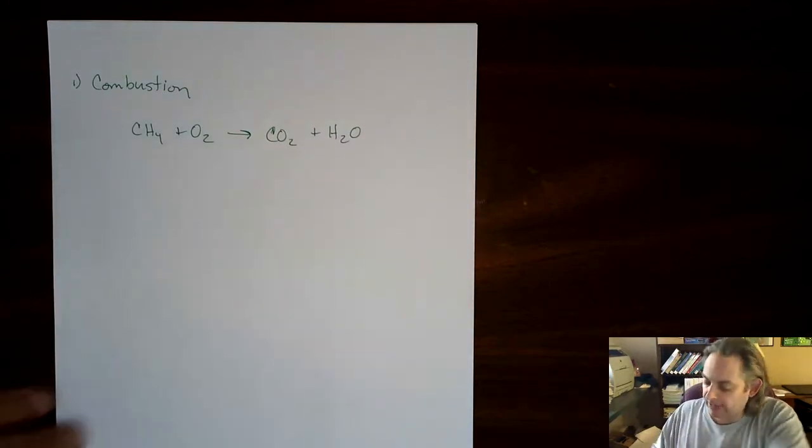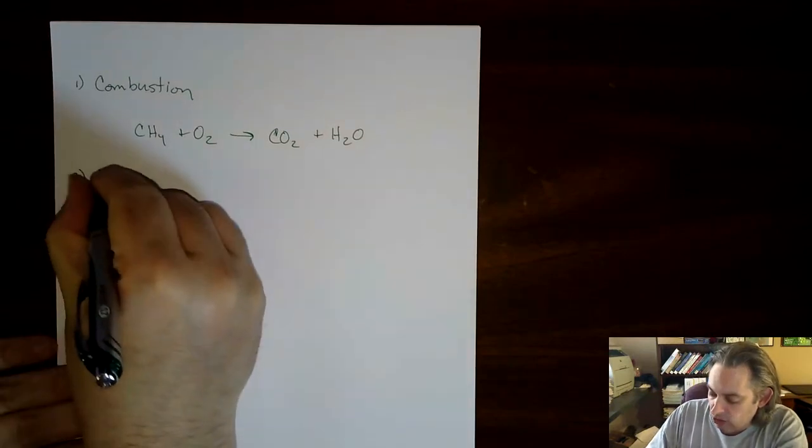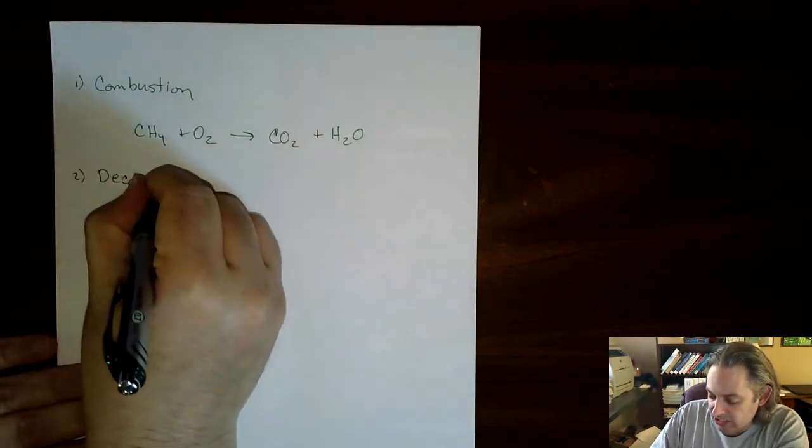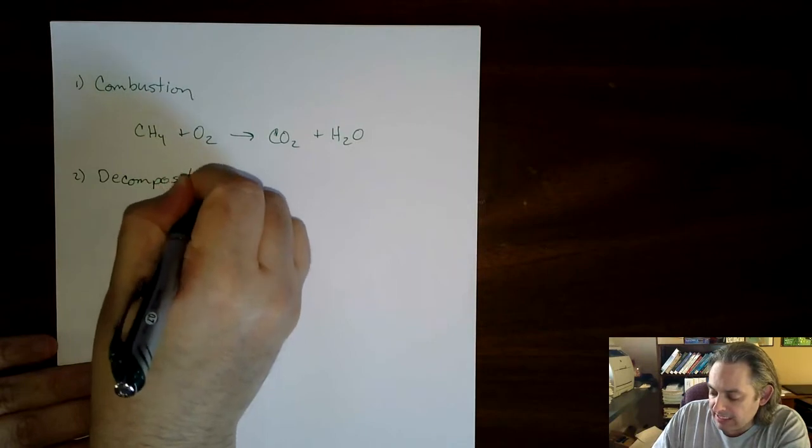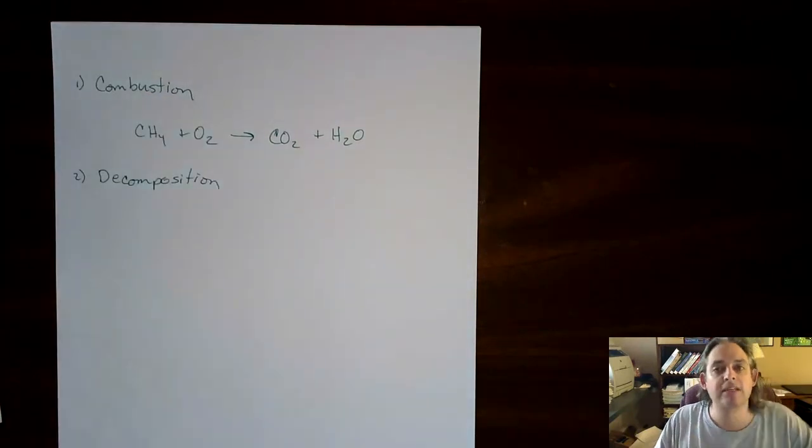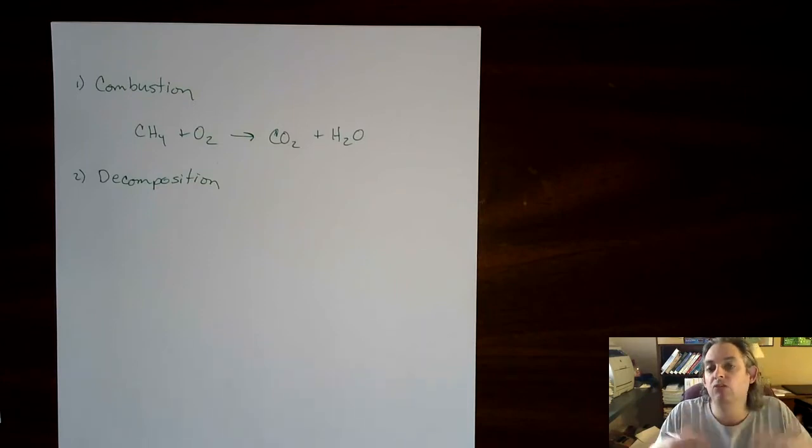The second type of reaction we want to talk about is what we call a decomposition reaction. A decomposition reaction is exactly like it says. It's something that decomposes. So it will be one particular compound, one thing decomposing into more than one thing.